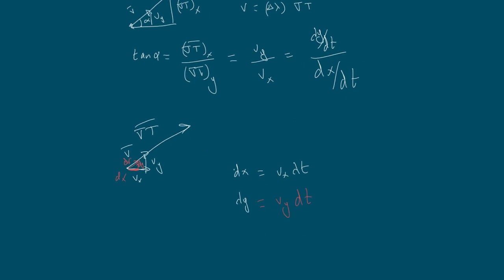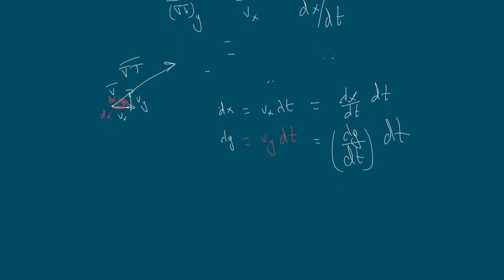So dx is the derivative of x with respect to t by dt, and dy is the derivative of y with respect to t by dt.